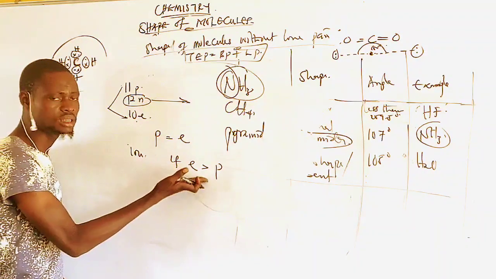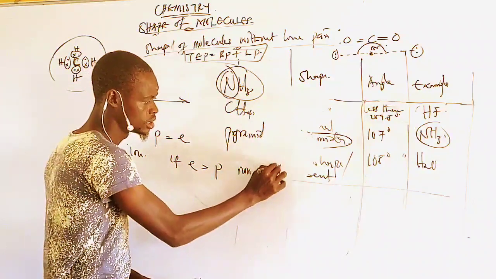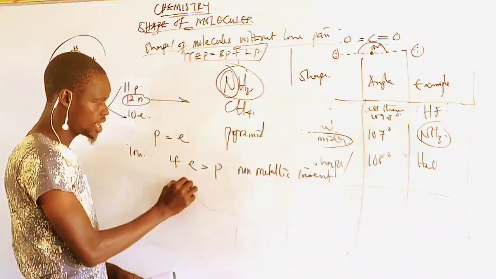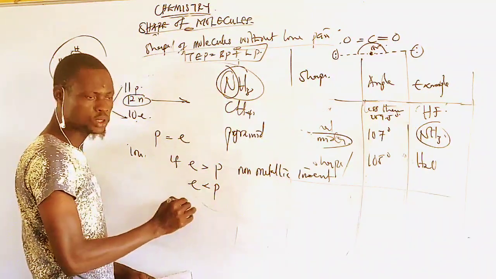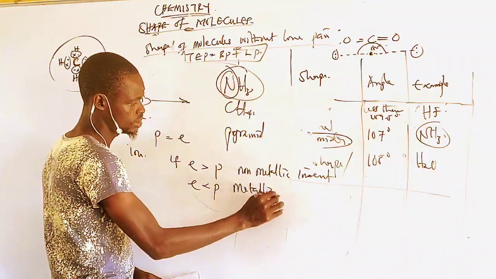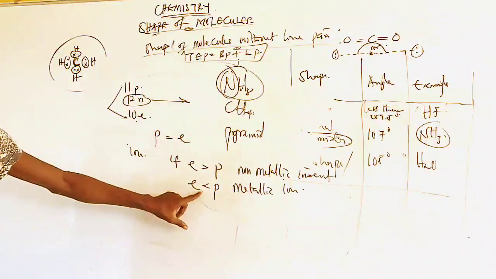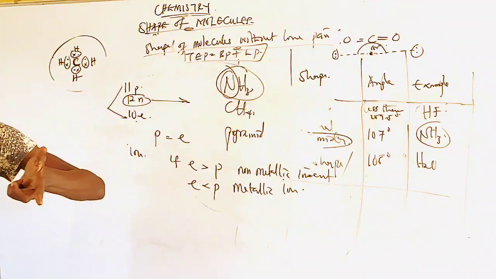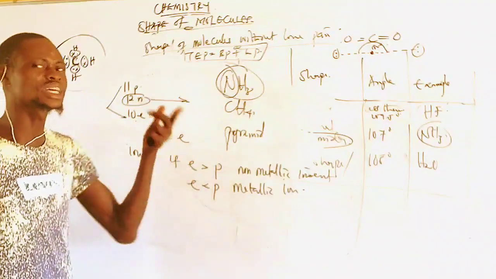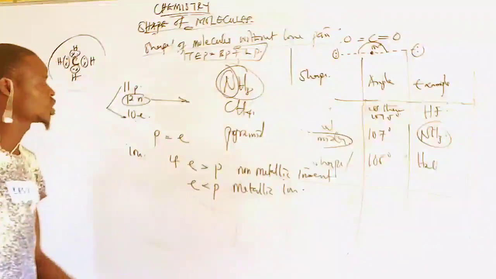It is a non-metallic ion. But if the number of electrons is less than the number of protons, it is a metallic ion. The reason is that a metallic ion donates electrons, which makes its electrons fewer, while a non-metallic ion accepts electrons, which makes its electrons more than the protons.